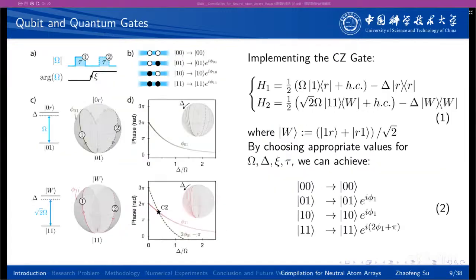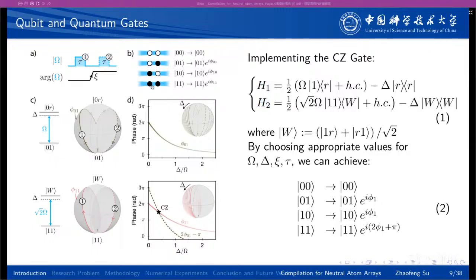For the two-qubit controlled-Z gate, it can be realized by the pulse strategy shown in subfigure A. If the system is in the state 0,1 or 1,0, then the system is dominated by the Hamiltonian H1.